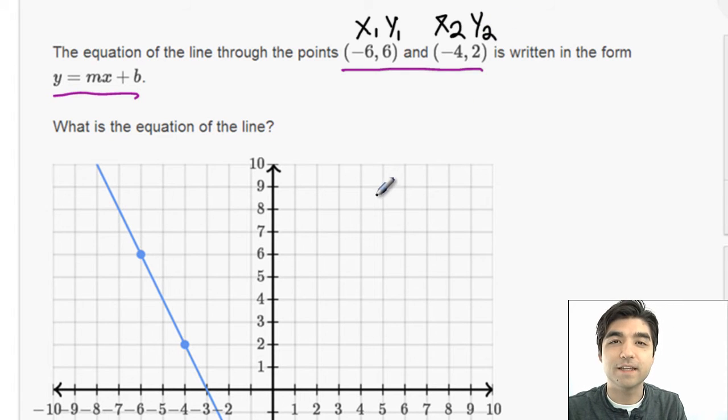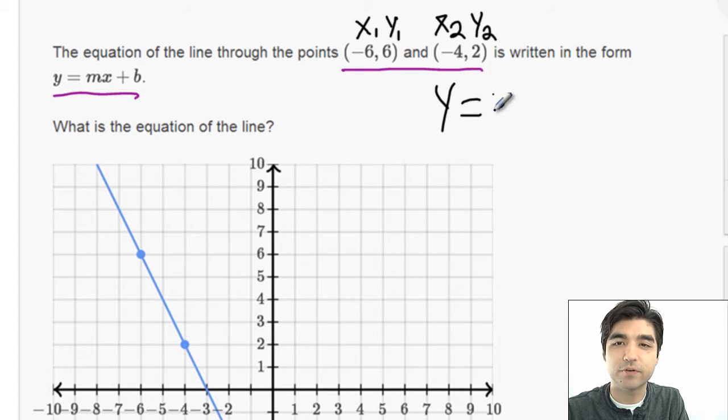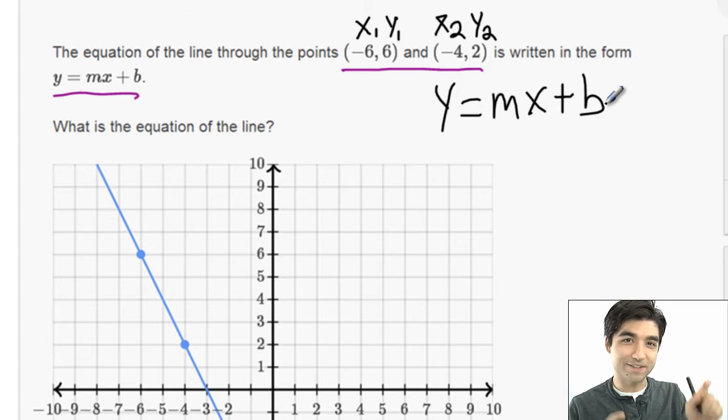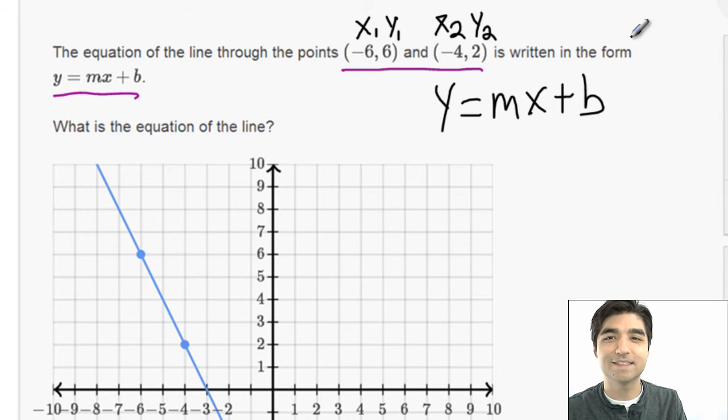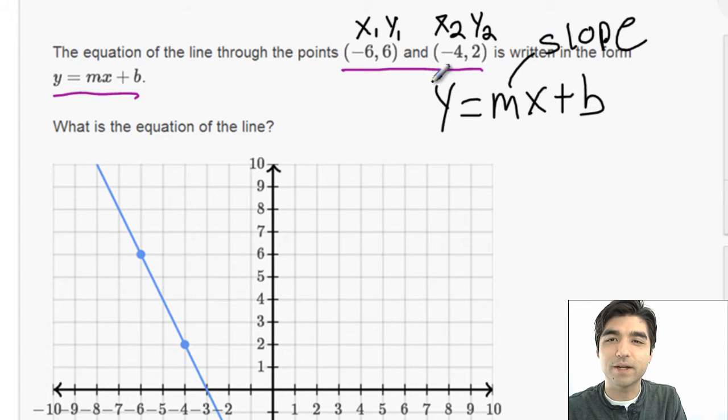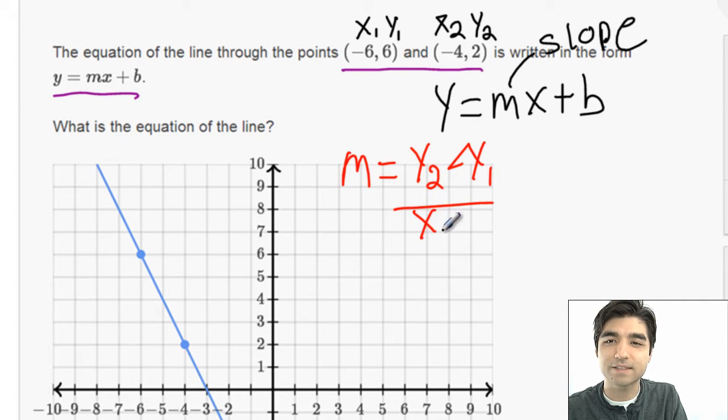Okay. Then the first thing, again, if we have our general form here, we need to find all our little pieces. So the first piece is the slope. The equation of a slope is m equals y2 minus y1 all over x2 minus x1.